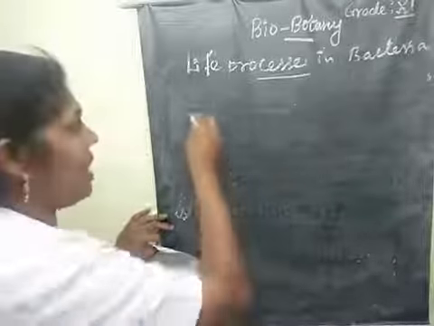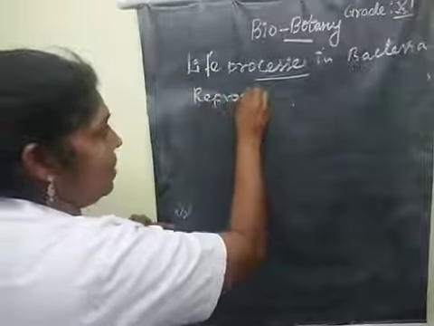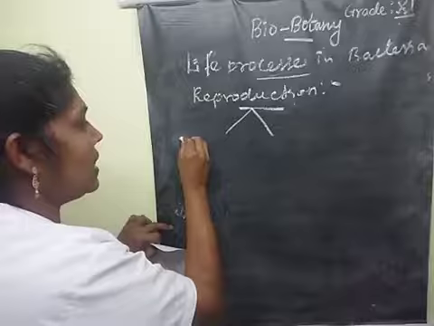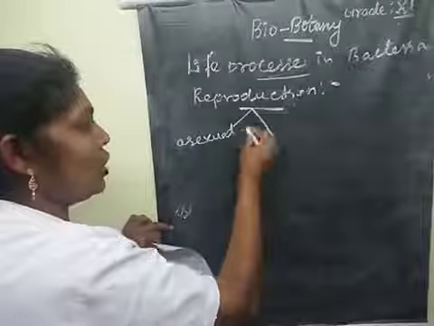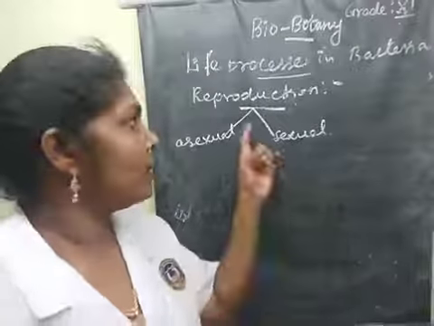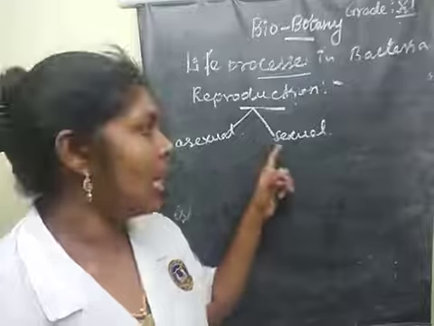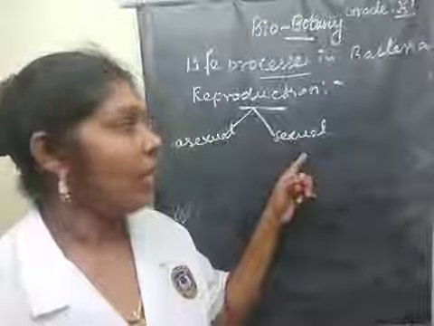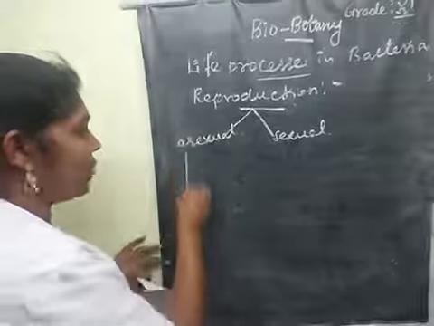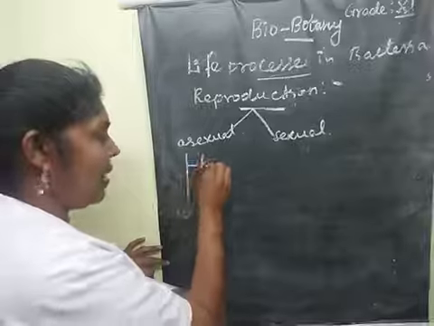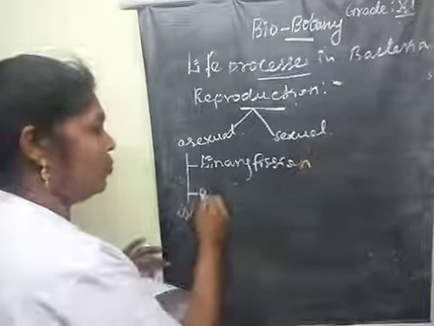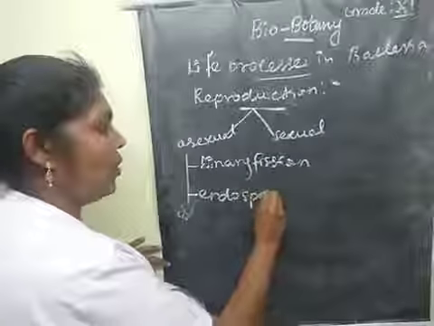Normally, reproduction in bacteria is of 2 types: asexual reproduction and sexual reproduction. Clear? Asexual reproduction in the bacterial cell comes under 2 types: binary fission and endospore formation.